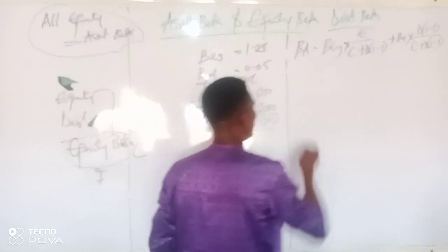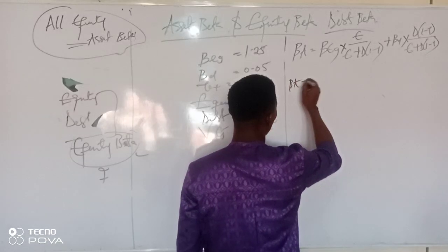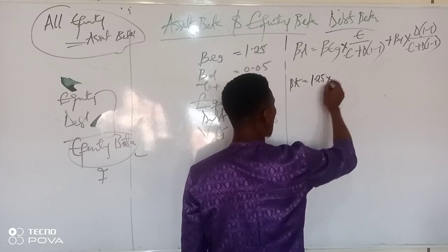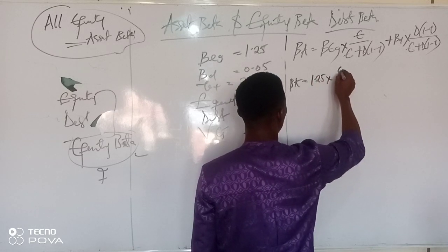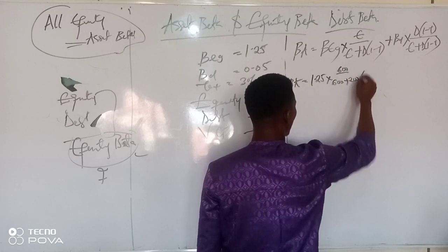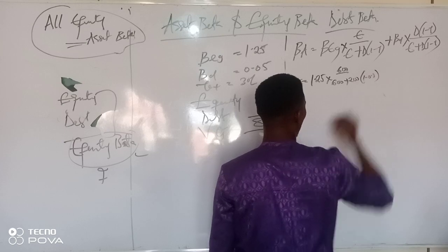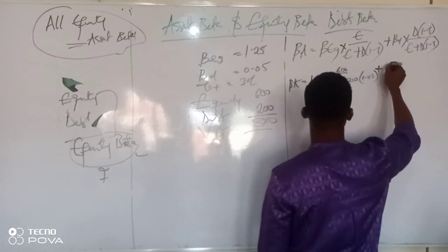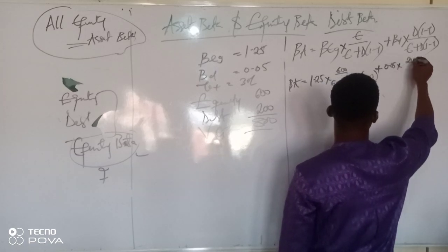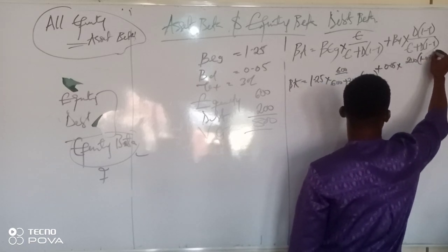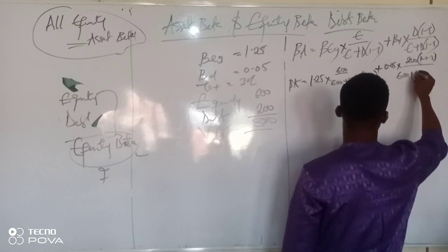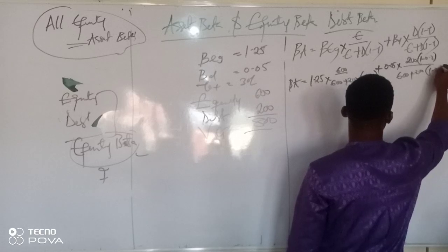So the asset beta of this company will be 1.25 times equity 600 over 600 plus 200 times one minus 0.3 tax, then plus beta of debt 0.05 times debt 200 times one minus 0.3 tax, over 600 plus 200 times one minus 0.3 tax.